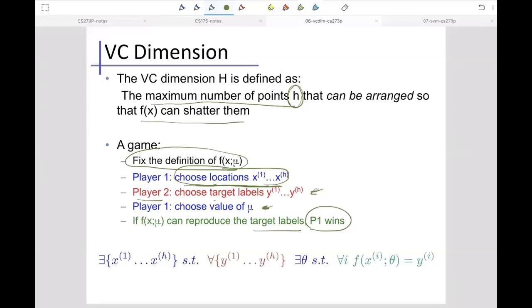So this is always a two-player game. In mathematical language, what is the VC dimension here? Essentially, there exist H data points such that for any choice of class labels, there always exist parameters such that you can correctly classify them. If that's the case, then you know that your VC dimension is at least H. And of course, the definition of VC dimension is the maximum number of H data points you can possibly identify such that they can be shattered. That is the VC dimension here.